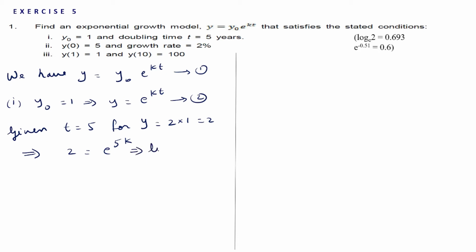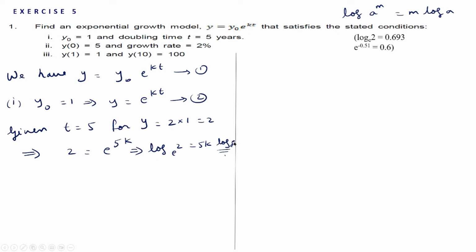Let us take log on both sides. Log 2 to the base e equal to 5k into log e to the base e. Log e to the base e is 1. Using the laws of logarithm, log a raised to m is m log a. So log of e raised to 5k will be 5k log e to the base e.